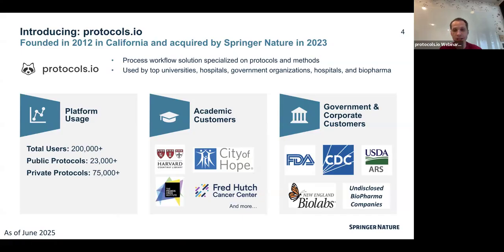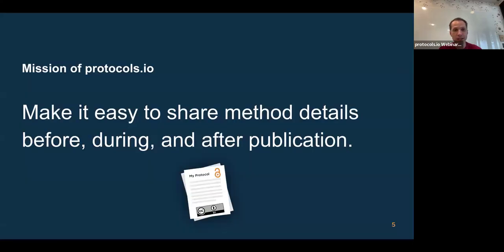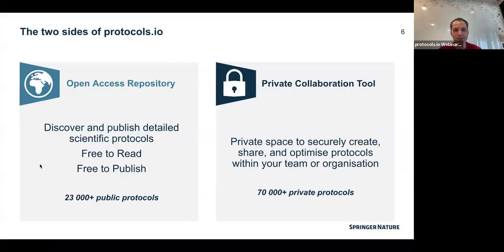All right. And with that, let's jump into method sharing in general. Our mission is to make it easy to share method details, but it's not just for publication or after publication, it's also for internal collaboration with your colleagues within your laboratory, with your external collaborators.